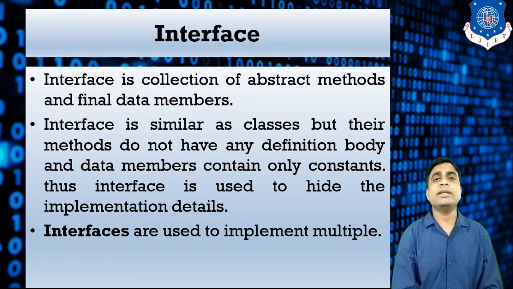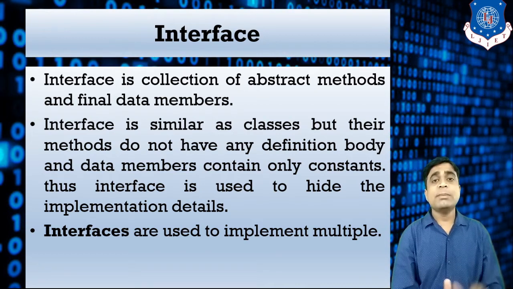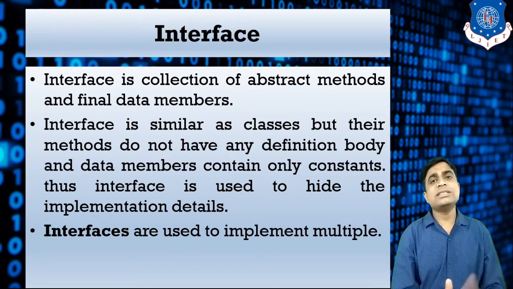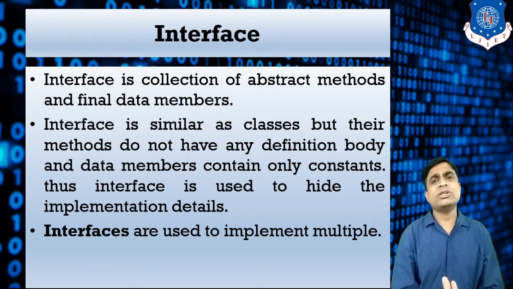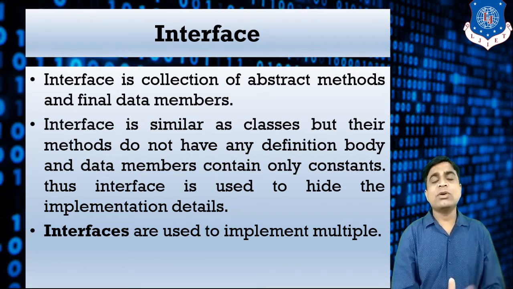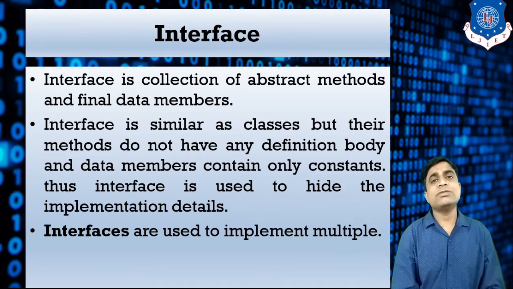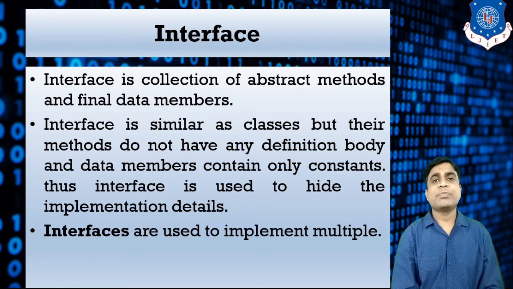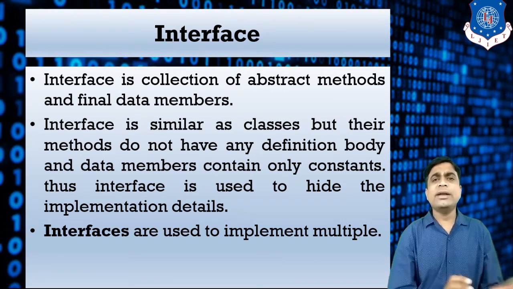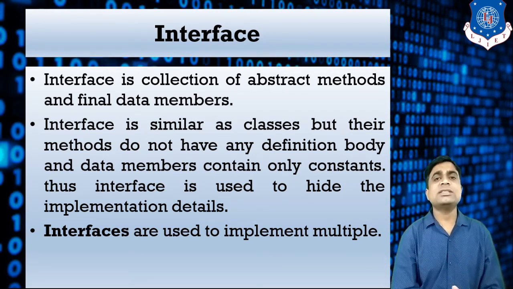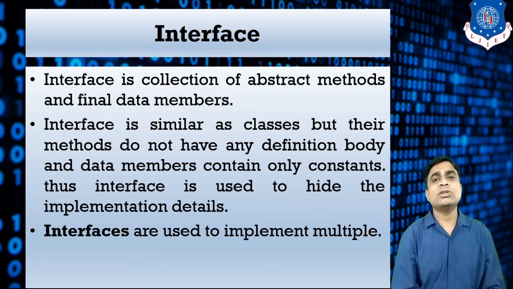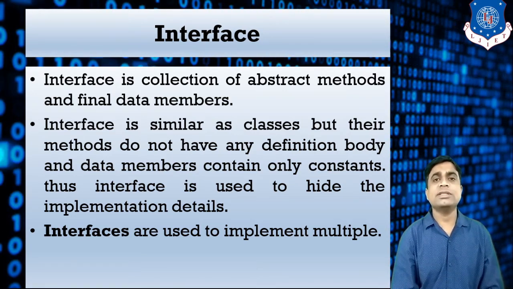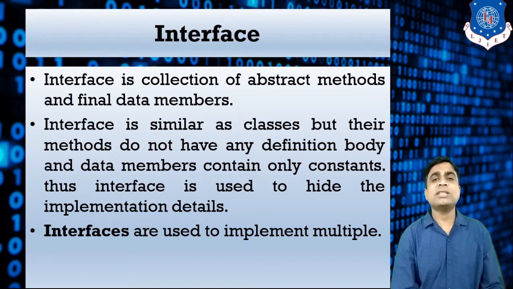In an abstract class, data members can be static or non-static, final or non-final, but in the case of an interface they are all final and static. You can differentiate with the syntax as well as the program. I will also explain with programming the difference between abstract class and interface. So without wasting much time, let's start the programming.